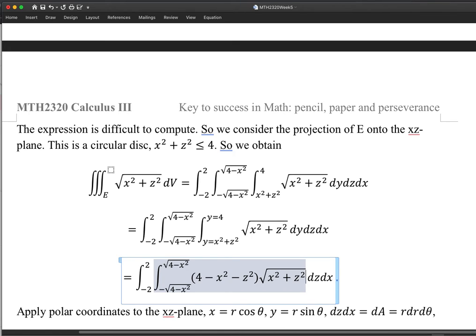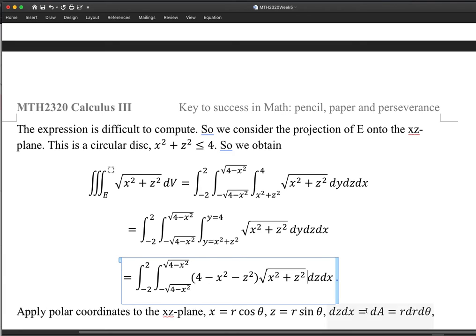It is a circle. Whenever we have a circle, usually it's a lot easier if we consider polar coordinates, right? So in the xz plane, using polar coordinates, this y really should be z.